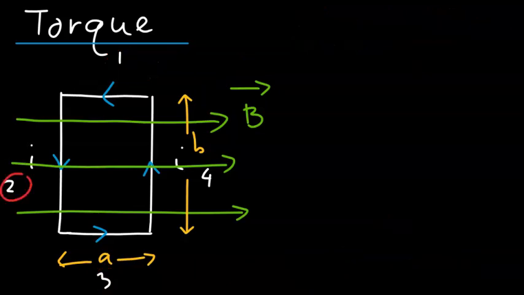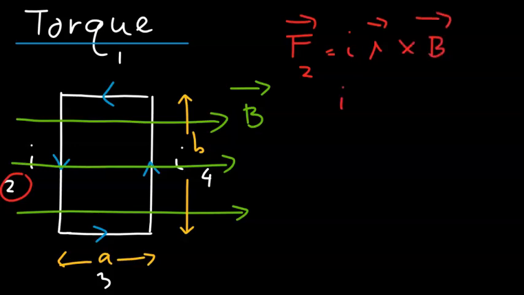Now let's look at side 2. The force on side 2 is given by I, L cross B. The length vector is going downward and has a magnitude of b. So the length vector is in this direction, the magnetic field is in that direction.